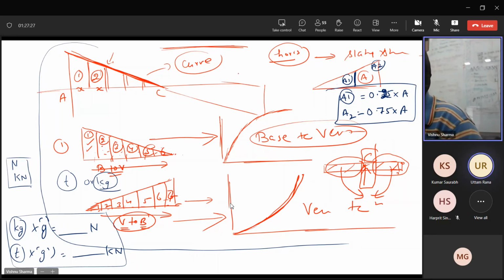Sir, I'm still thinking. If you were to take the moment of the uniform beam about its center as per your concept, then you will like to divide the beam into A to C as one part and C to B as another part. Yes or no, beta? Yes, sir. Then the geometric center of this part will be here. This will cause anti-clockwise moment. This will cause clockwise moment.